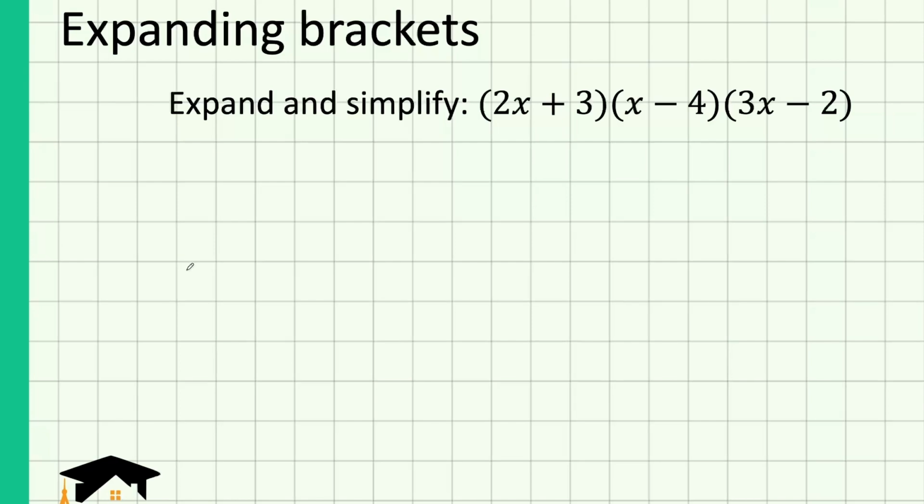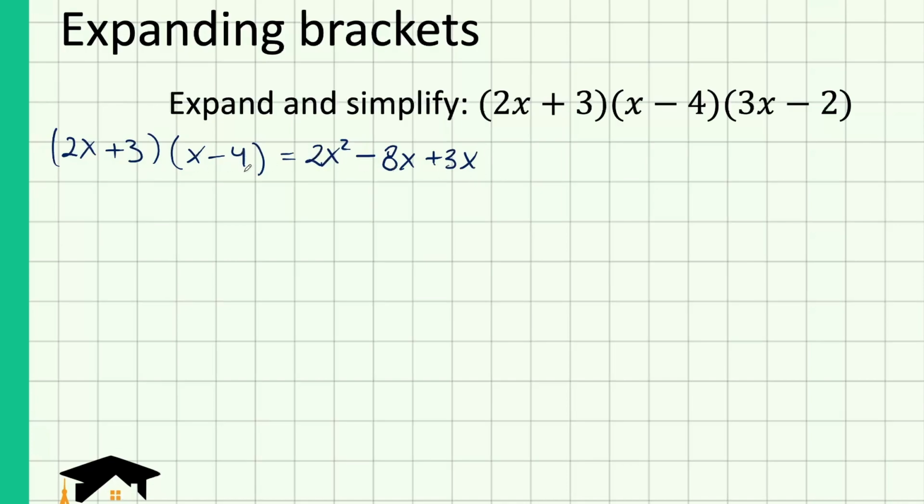Now let's solve this other exercise. We again are going to start only with 2x plus 3 and x minus 4. Let's do the distributive law a bit faster. 2x times x is 2x squared. 2x times minus 4 is minus 8x. And then we have the 3. 3 times x is 3x.